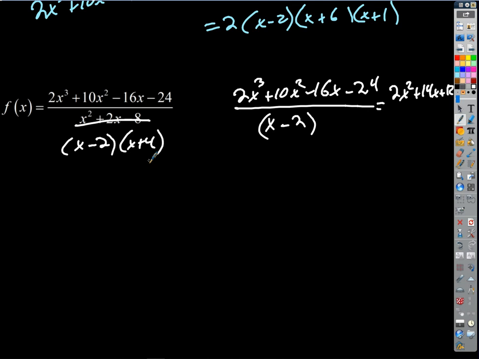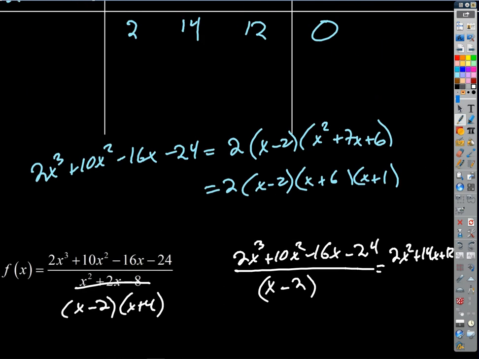If I want to divide 24 by 6, I could divide by 2 first and then divide by 3. We could just do long division; I'm just showing you a shortcut, repetitive synthetic division.